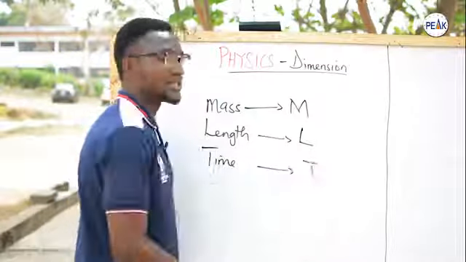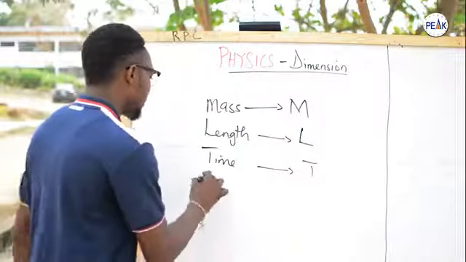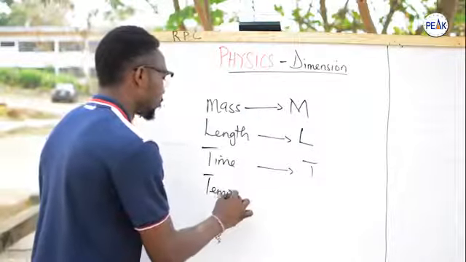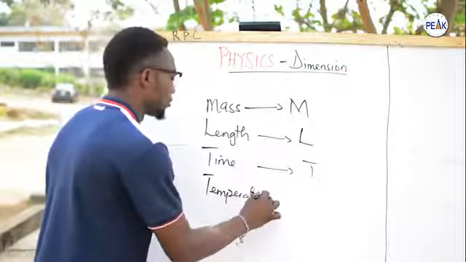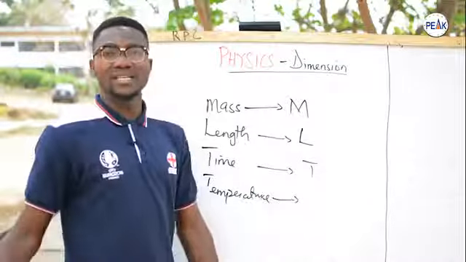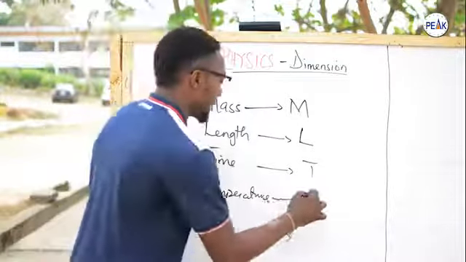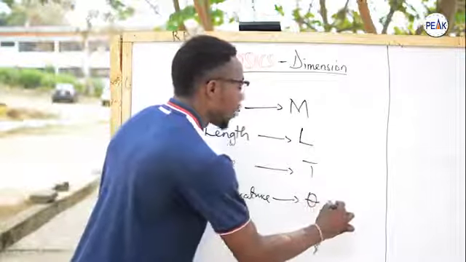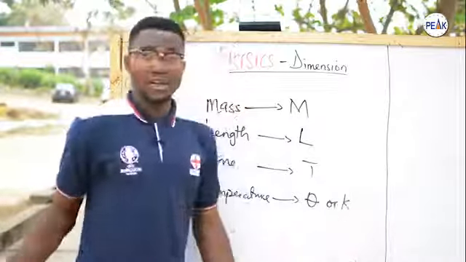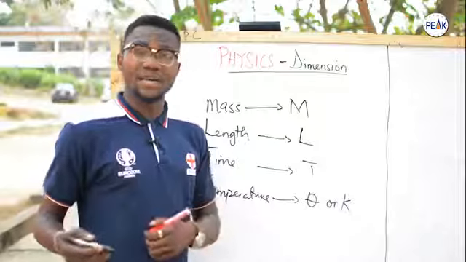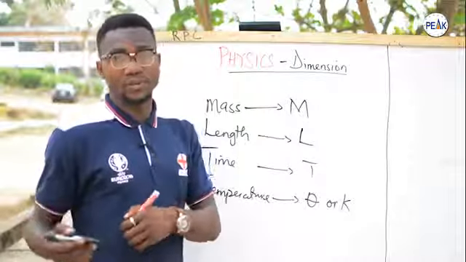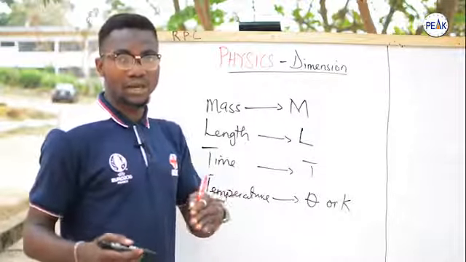capital T. And once you arrive at temperature, you represent it with theta or K, depending on which one you are comfortable with. If it is an objective question, you have to check the options.